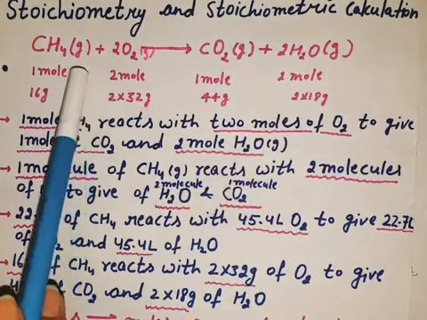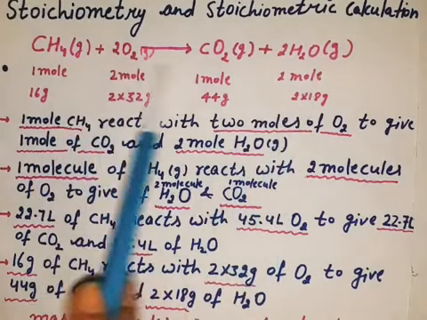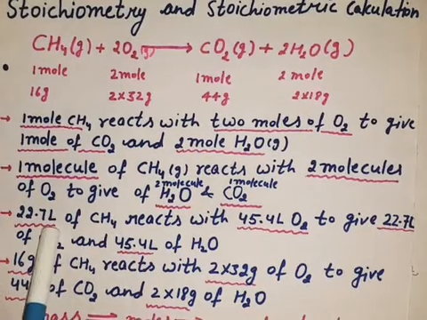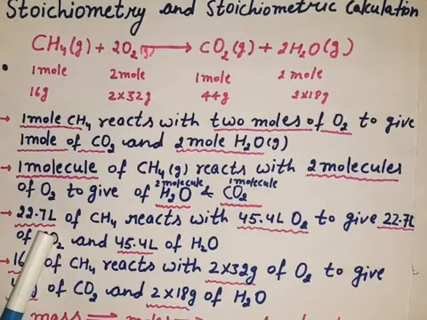As you can see, methane is present in gaseous form, and all the other reagents are also present in gaseous form. So whenever a compound is present in gaseous form, we can write it in liters. 1 mole is equal to 22.7 liters.